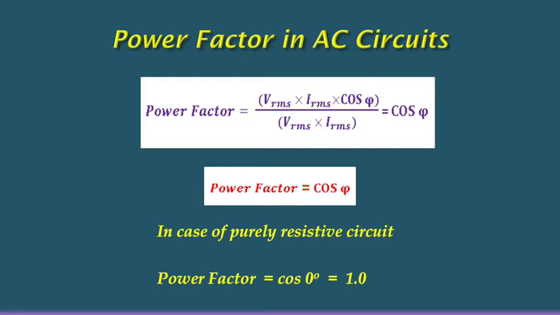It does not matter whether the phase angle is the difference of the current with respect to the voltage or the voltage with respect to the current. In the case of a purely resistive circuit, phi is 0 because there is no phase angle difference between current and voltage. So power factor is 1.